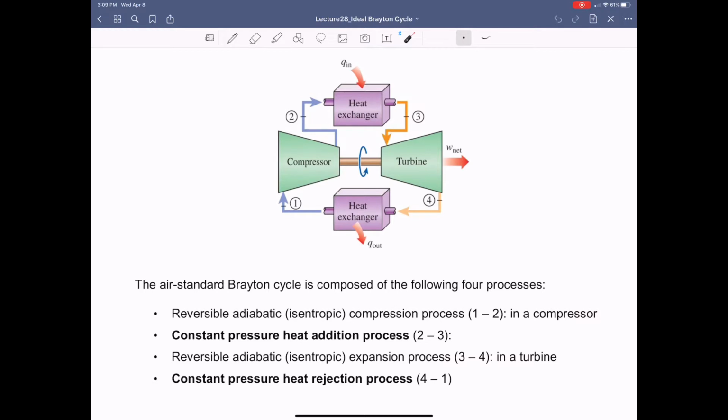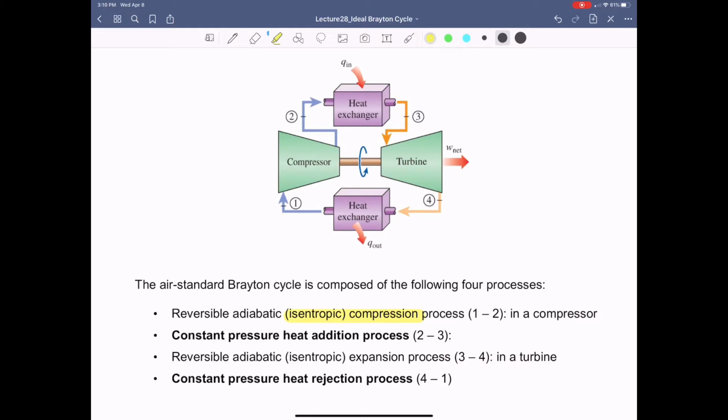So when you think about these ideal processes for each component, we can make 4 basic processes. The first process is a reversible adiabatic compression process. And the reversible adiabatic process can be considered to be isentropic. So the first process is isentropic compression.